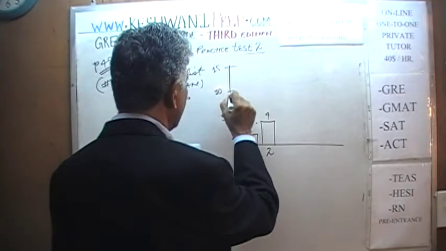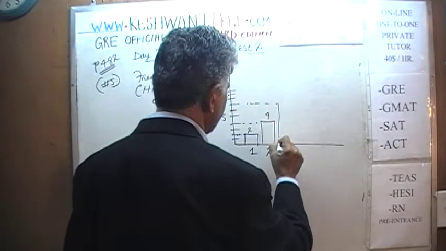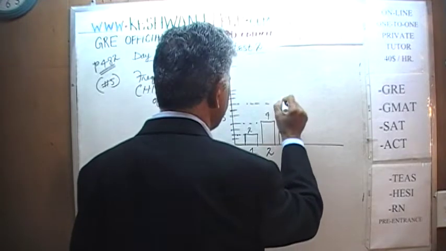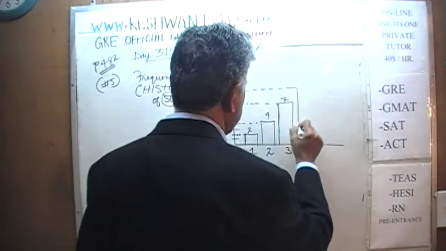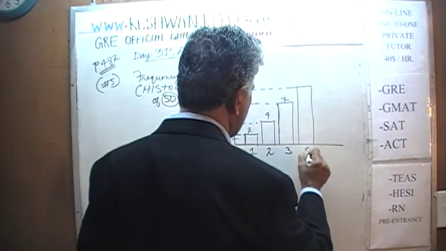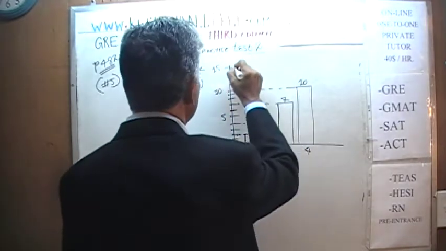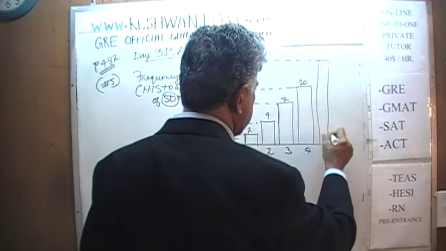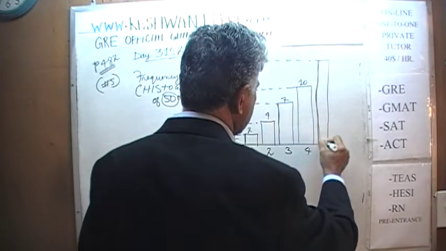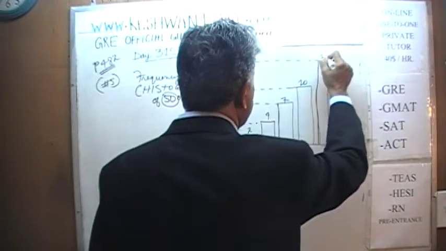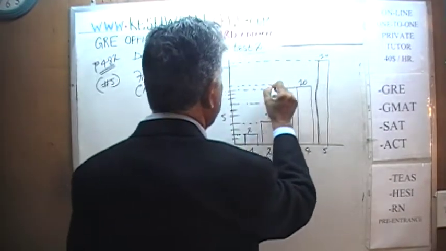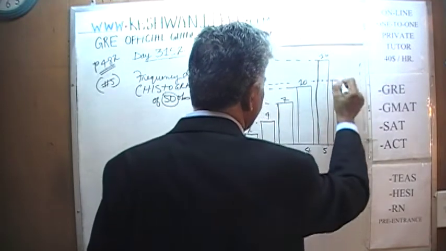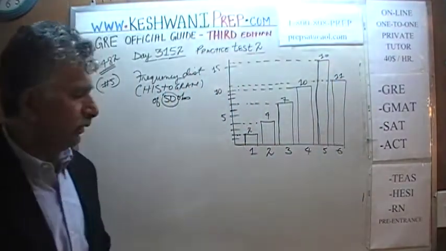You get the idea. 7 students had a score of 3. 10 students, we are told, had a score of 4. 16 students, way up here, had a score of 5. And finally, 11 students, we are told, had a score of 6.